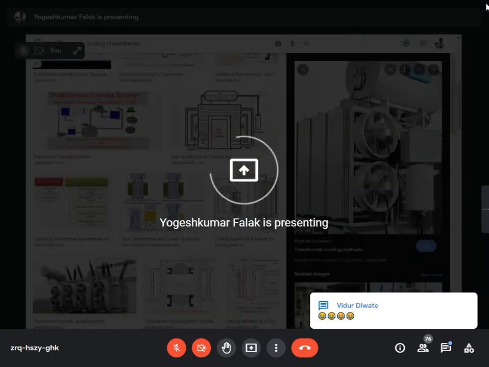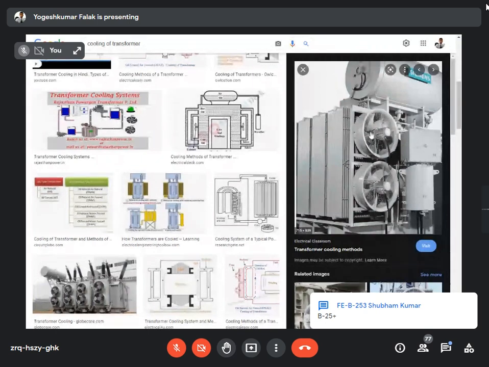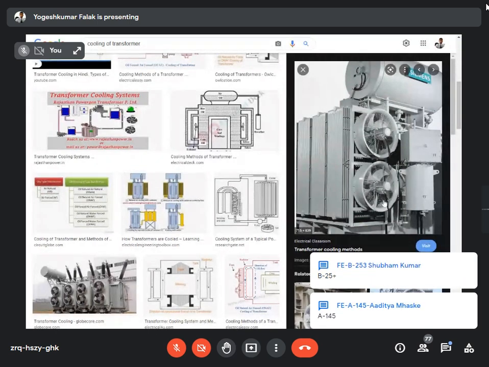Students, are you able to see this window now? This one is called a transformer, right?